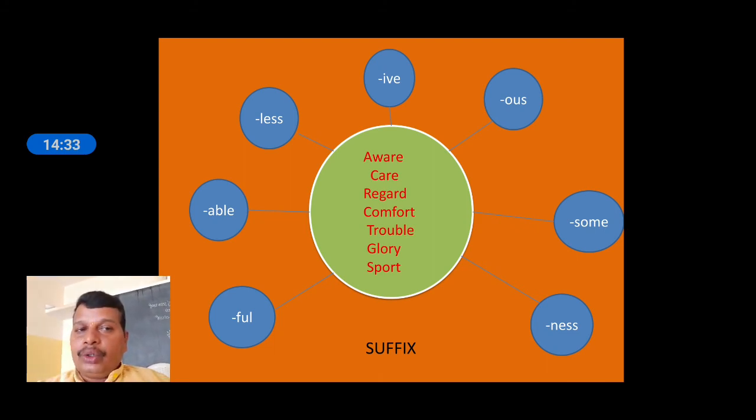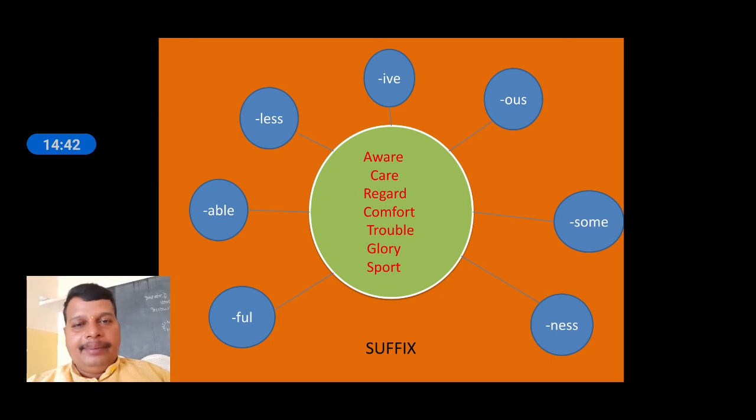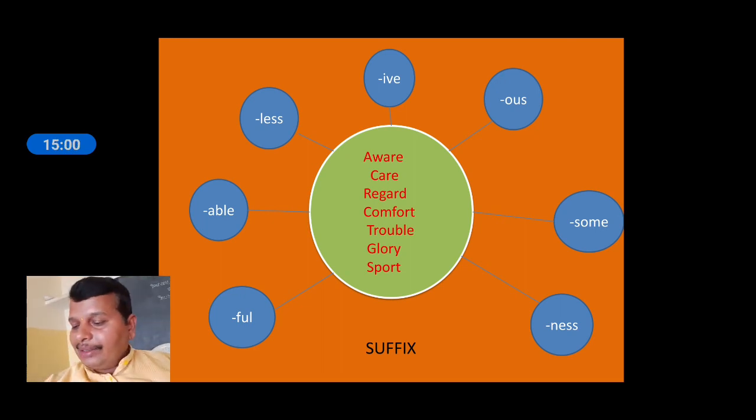When we make it glorious, we remove the y and add the i. Sport, sportive. We add IVE. These are called the suffixes.